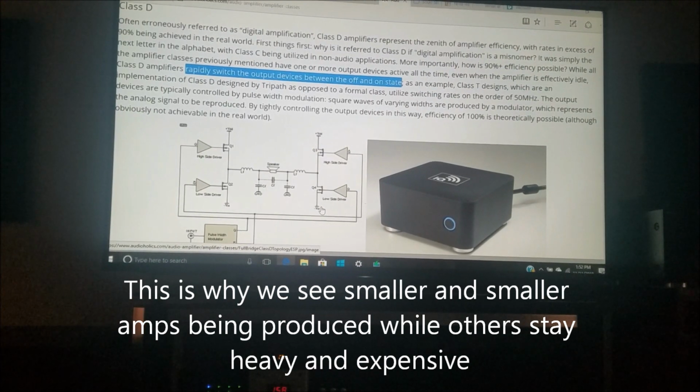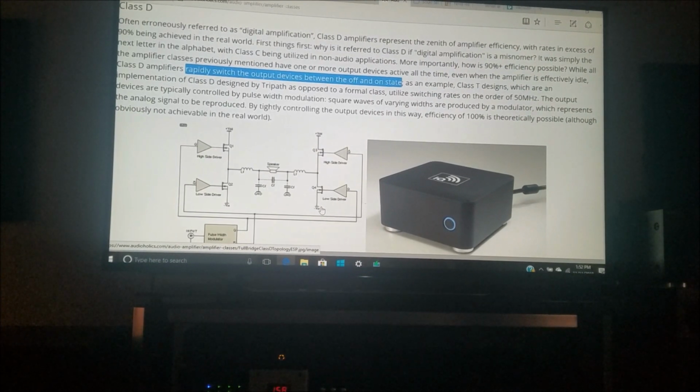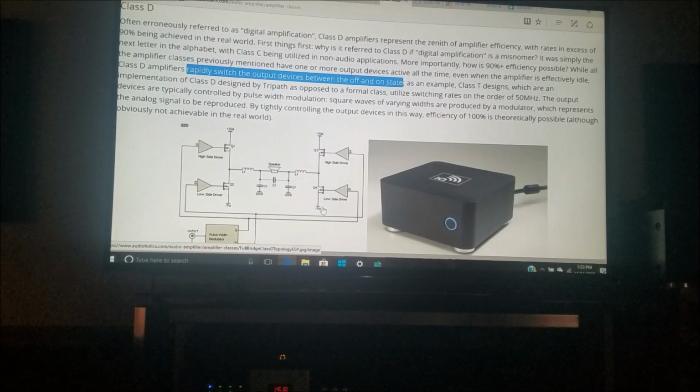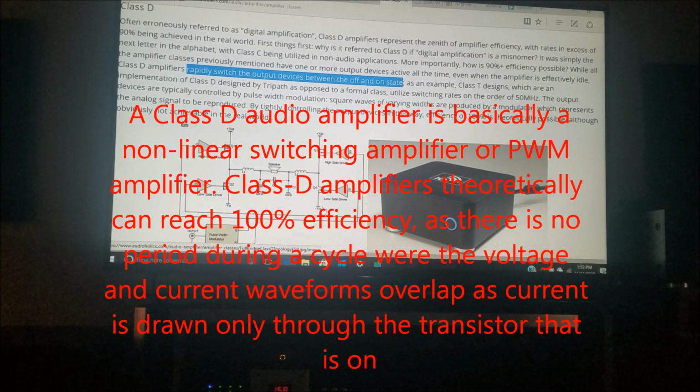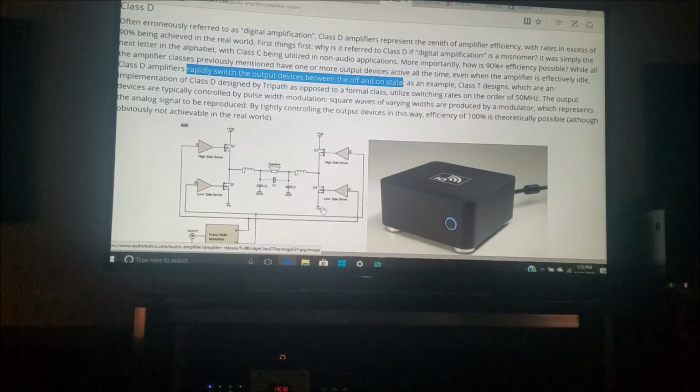In fact, some Class D amps can operate from a digital signal source without requiring a DAC, or digital to analog converter, to convert the signal from analog first. That's simply because an MP3 player, a computer sound card, your phone, whatever it may be, the digital circuitry can convert the binary digital signals, that's why we think Class D is digital, directly into the pulse width modulation signal that's applied to the amp, simplifying the circuitry considerably for digital devices.